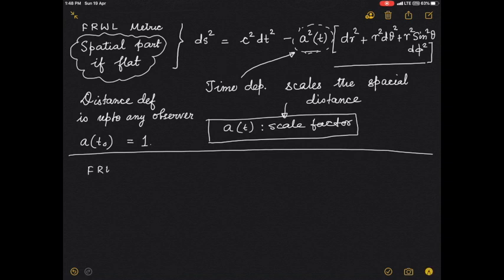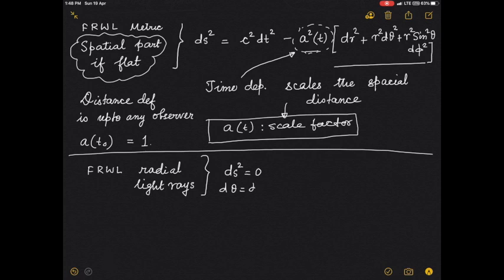Now, given the FLRW metric, if I take radial light rays again, what will I get? ds squared equals 0, meaning light rays, and d theta and d phi are also 0, meaning radial.